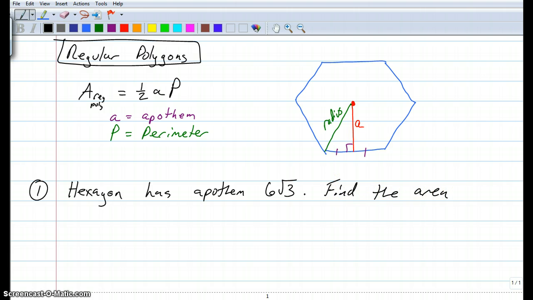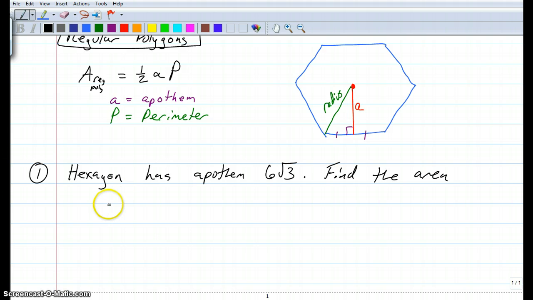All right, so I'm a visual guy. I've got to see it, so I'm going to draw a little hexagon here. Oops, well, that's even worse than the last one. But, all right, so it says the apothem is 6√3. The apothem is 6√3.